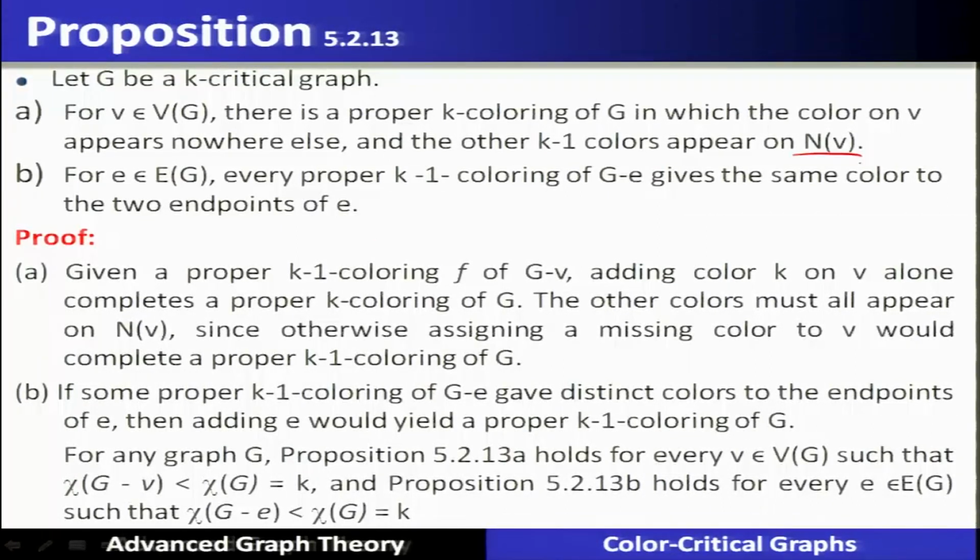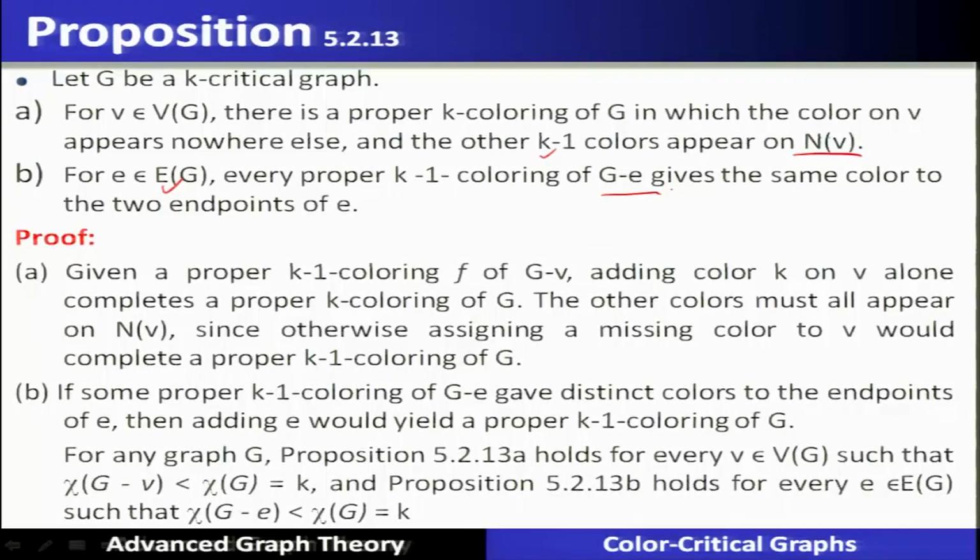So if that particular vertex is removed, the chromatic number will also be reduced. Why? Because that color will not be present, so the number of colors will be reduced by 1. Similarly, for an edge e, every proper k-1 coloring of the graph without that edge gives the same color to the two endpoints of e.